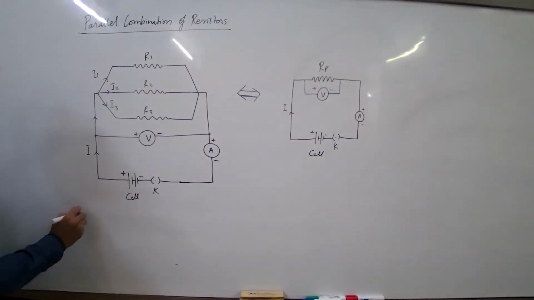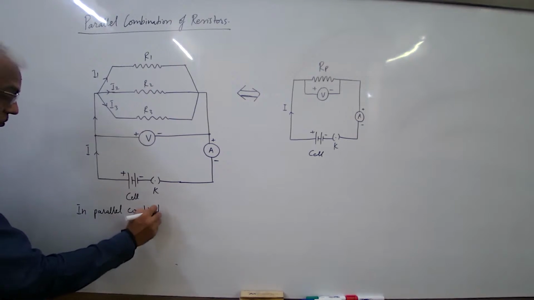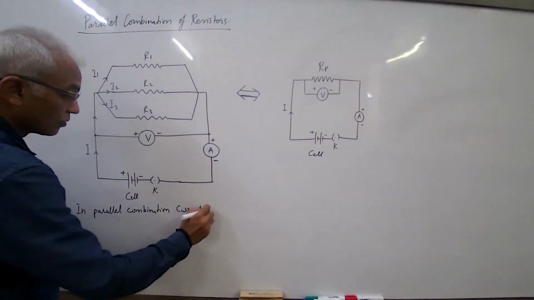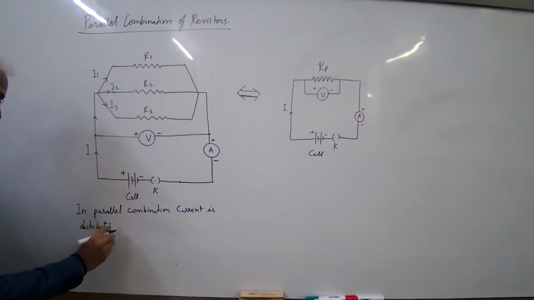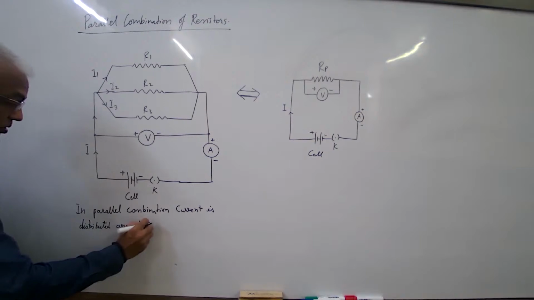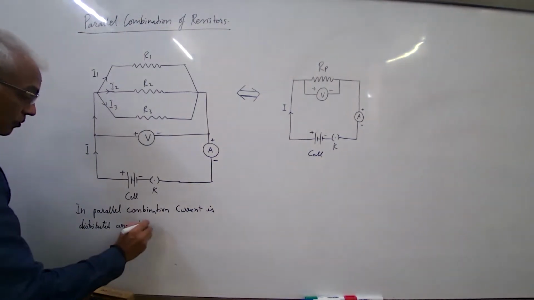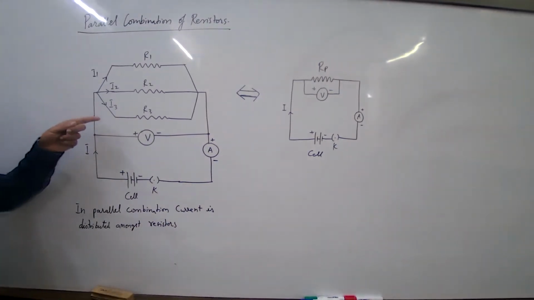Okay, so in parallel combination, current is distributed amongst resistors, because there is a different path for the current.